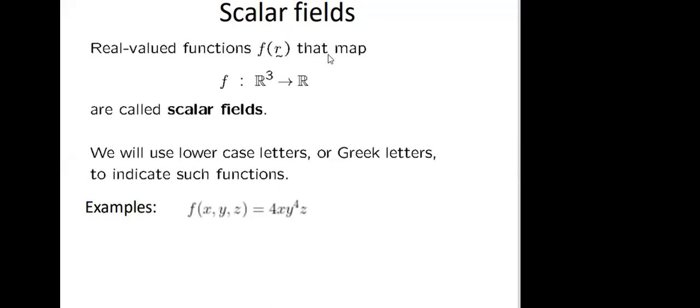So, scalar field. The output of a scalar function is always a real number, right? The domain could be 2-dimensional, 3-dimensional, 4-dimensional, n dimensions, but the output should be a real number, an element in the real line.